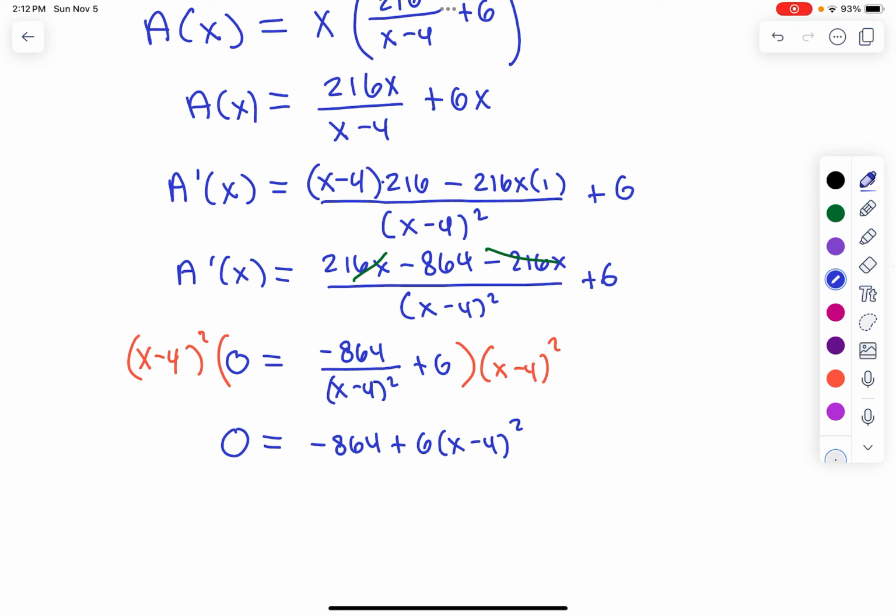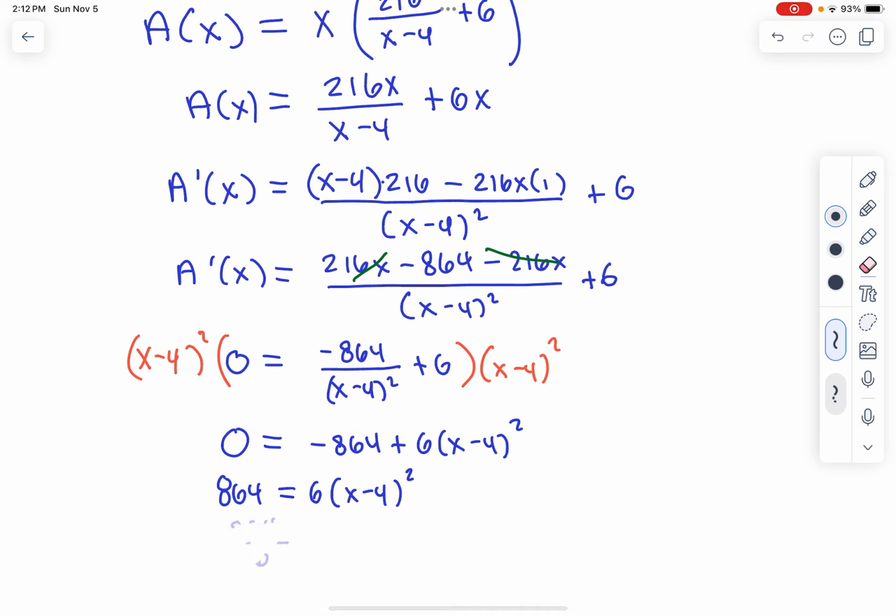I'm going to leave that (x minus 4) squared unexpanded, because if you expand it, it's more of a headache, since you can just square root here. Divide by 6: 864 divided by 6, let's just do that mentally. That's 144.